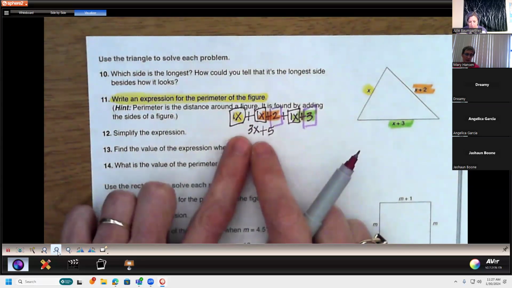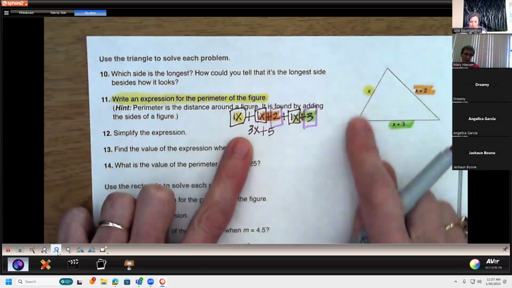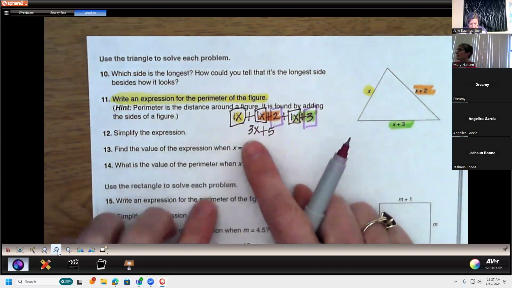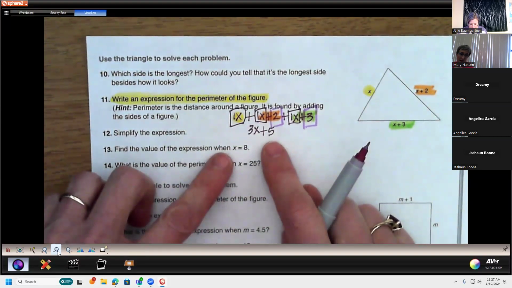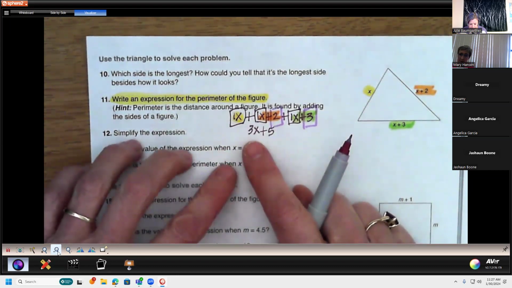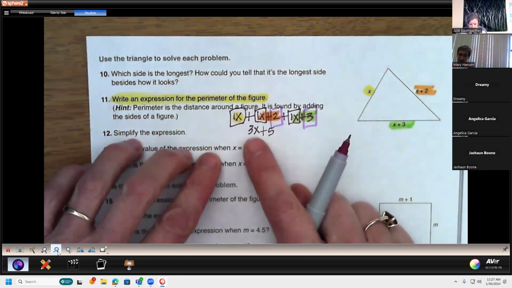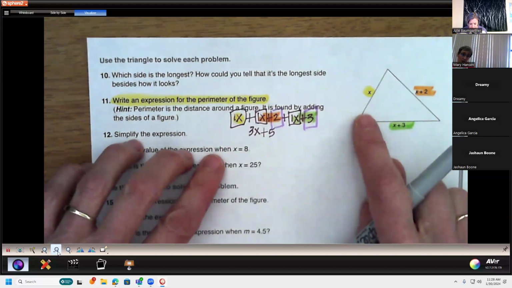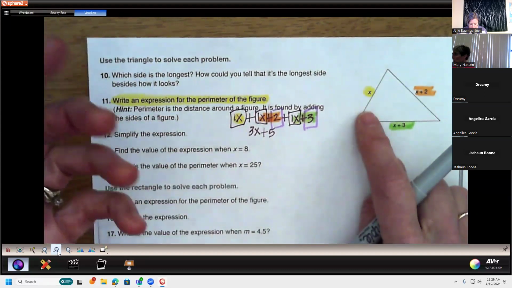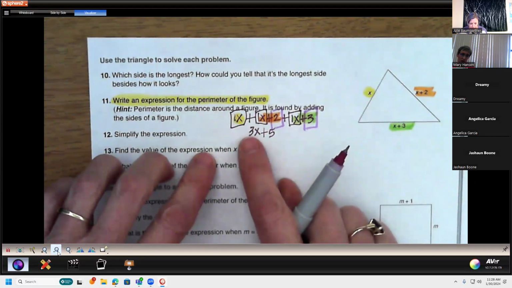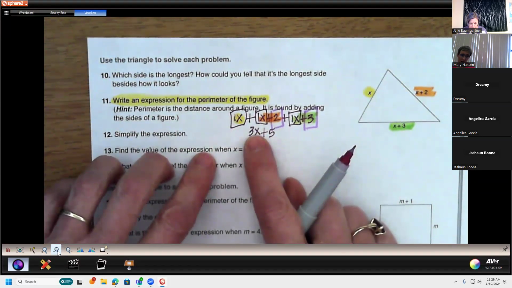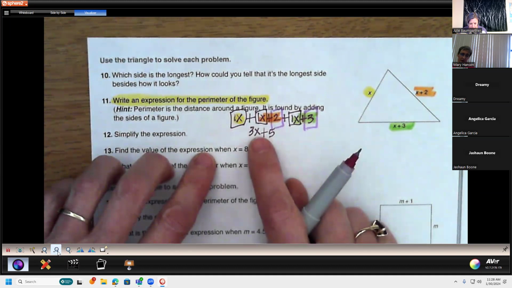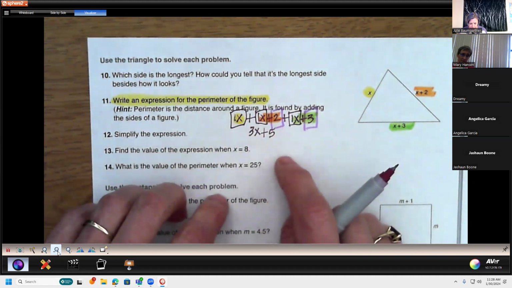And so the expression that represents the perimeter of this figure is 3x plus 5, which you can't go to the hardware store and buy until you know what x is. But if I tell you that x is 4, then you would know 3 times 4 is 12, 12 plus 5 is 17.